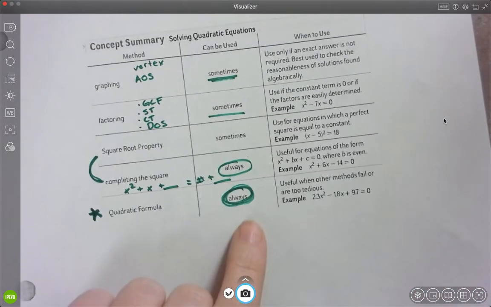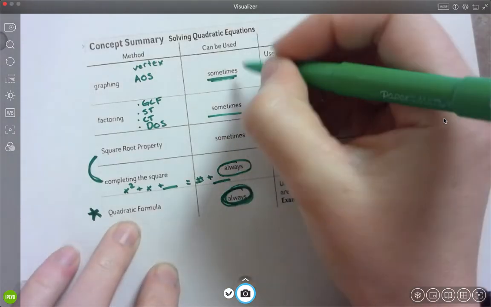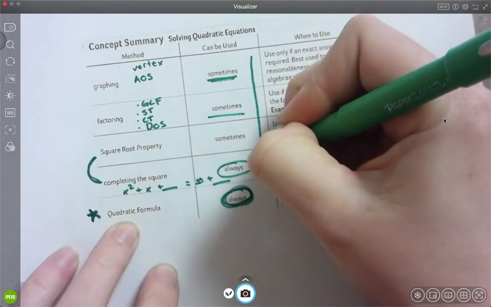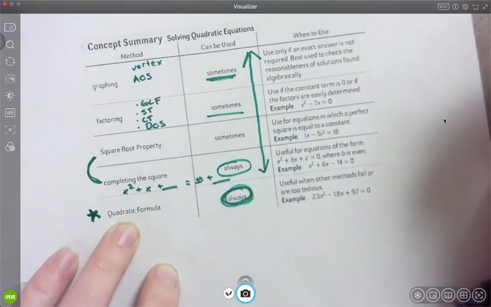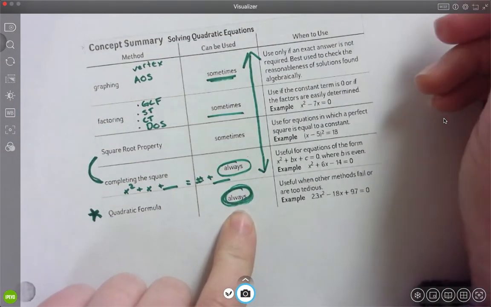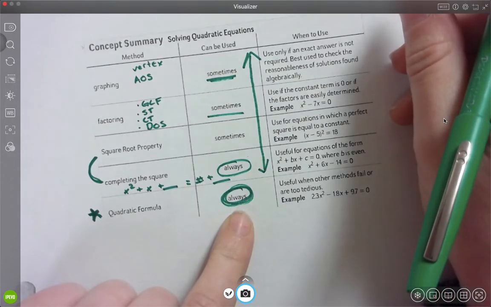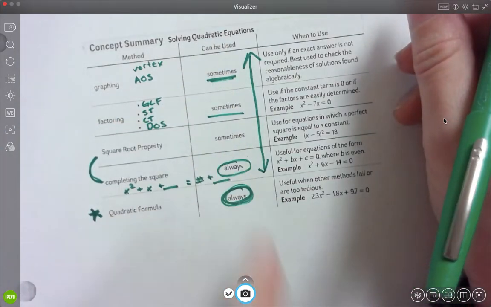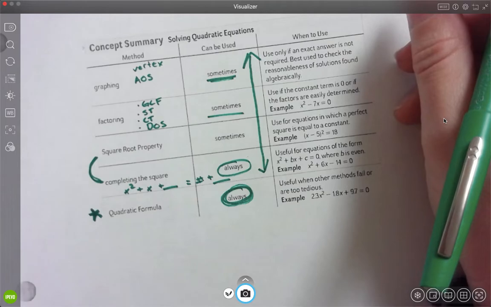So this is the kicker. If you forget how to do all of those methods, you will always be able to use the quadratic formula instead. So if you're going to forget one, don't let it be the quadratic formula, okay?